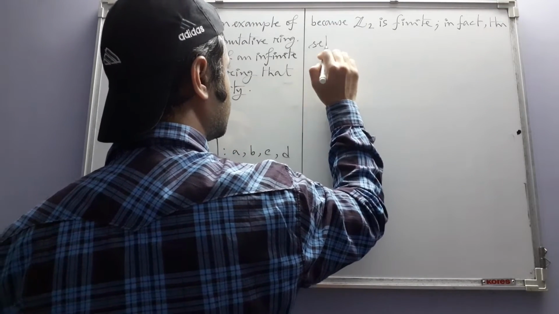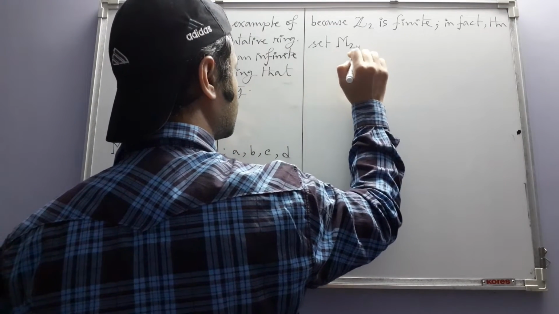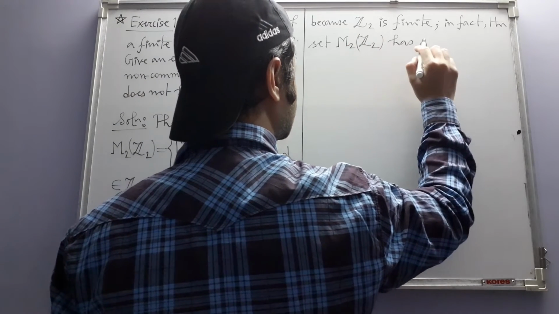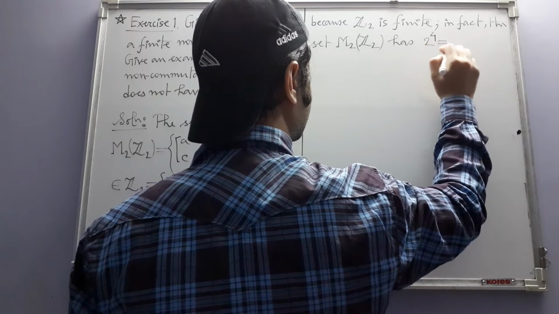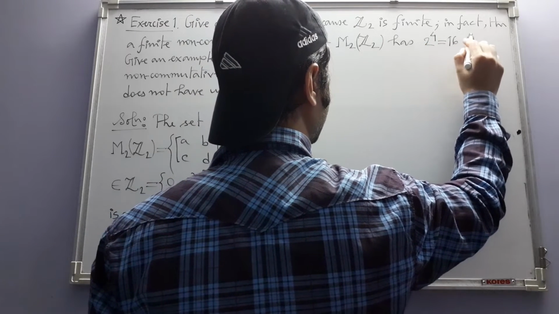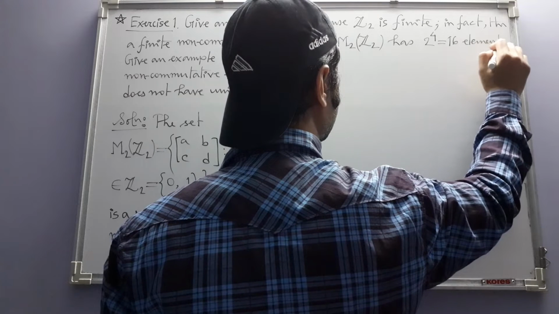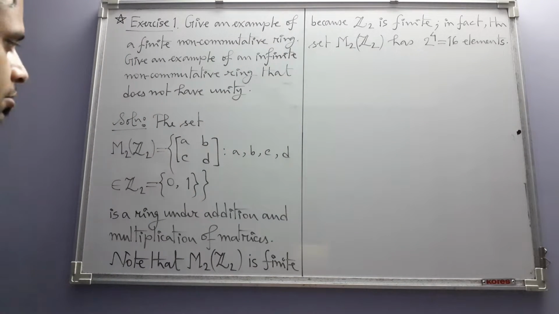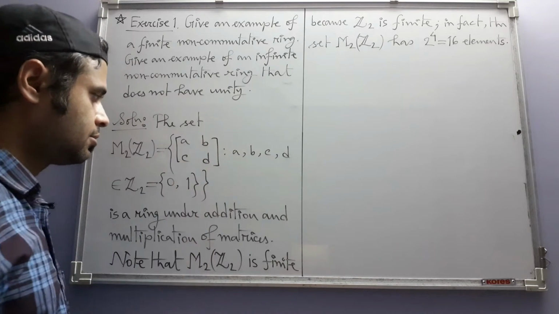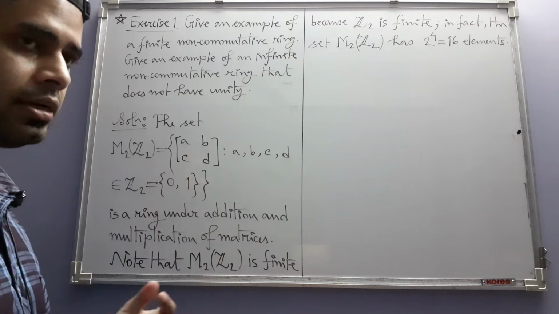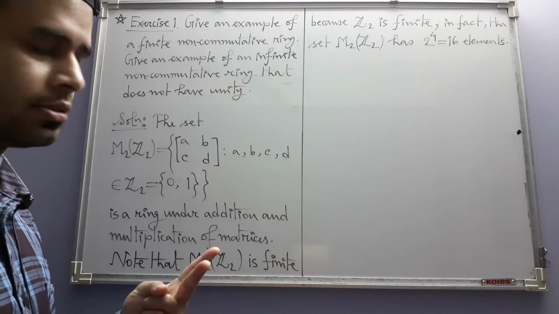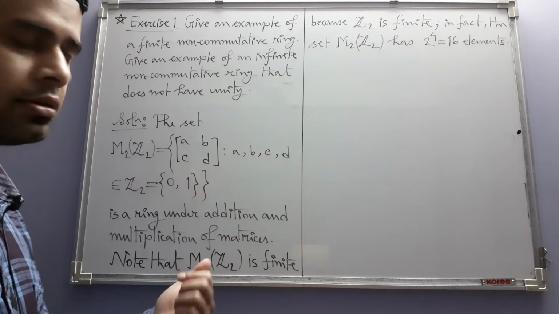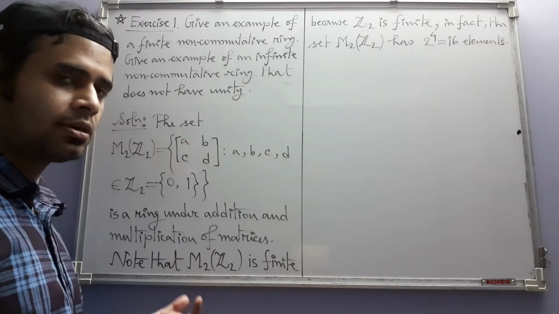The set has 16 elements. Why 16? Because each entry has two possibilities, 0 and 1, and the entries are independent of one another.